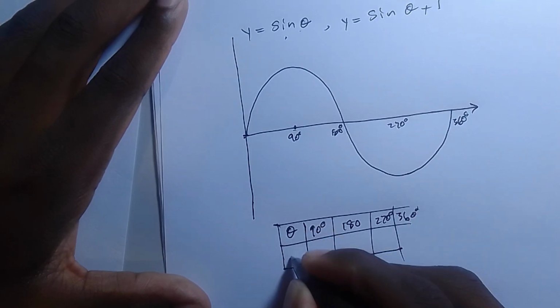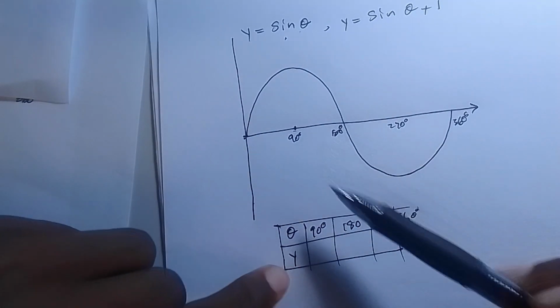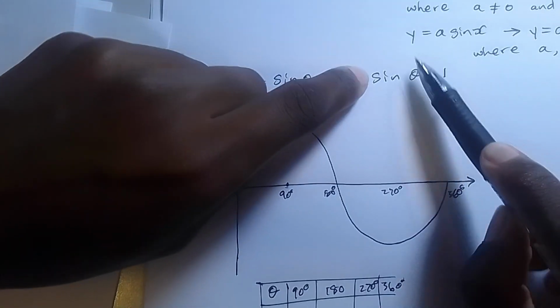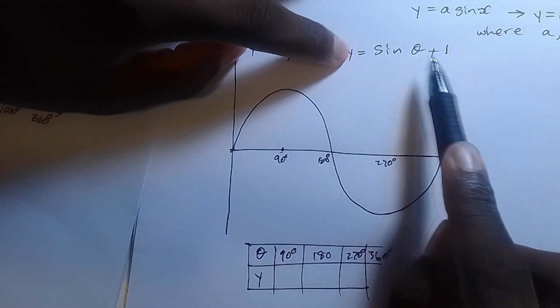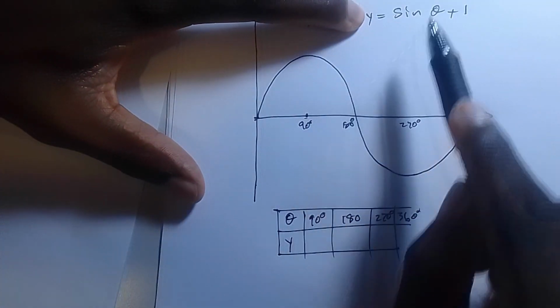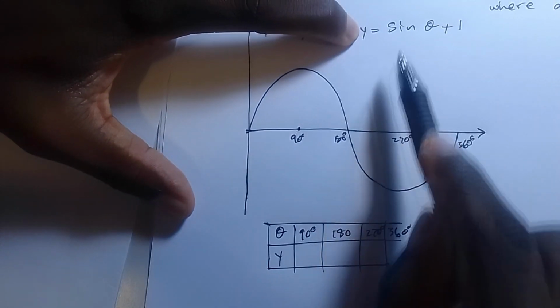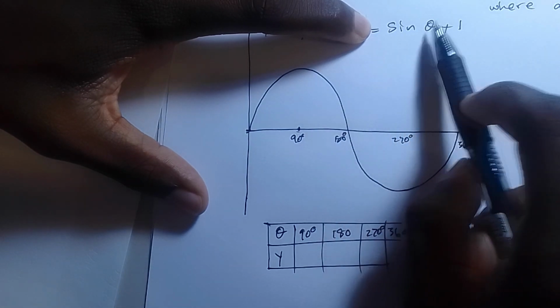And then here you have y or sine theta. We already know sine theta, we are looking at sine theta plus 1. You take sine theta plus 1, you substitute 90, and you get an answer and put it here. You substitute 180, you get an answer.